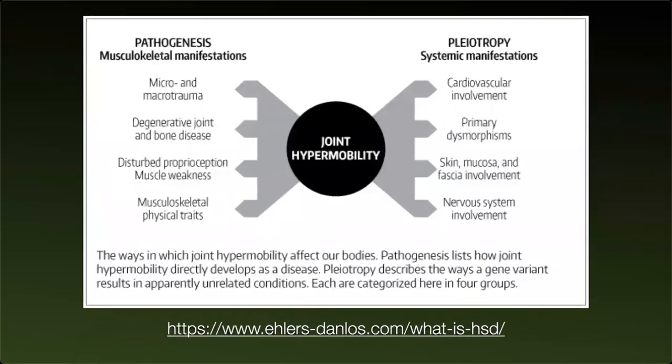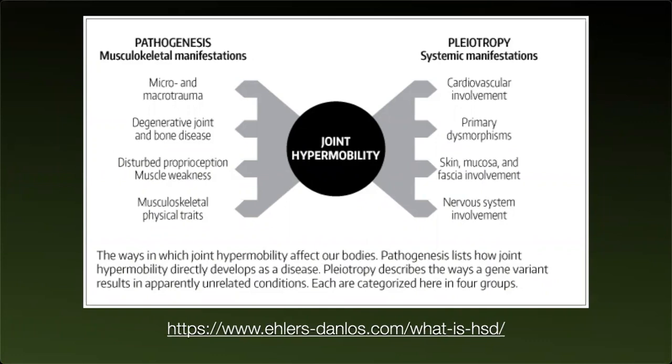In hypermobile spectrum disorders, especially generalized, you do tend to have some systemic manifestations, but it's not as predictable, I guess is a good way to put it, in some of the different subtypes of hypermobility. If you only have local joint hypermobility, that ends up working out really well for you, because you probably won't have as many systemic manifestations of it.